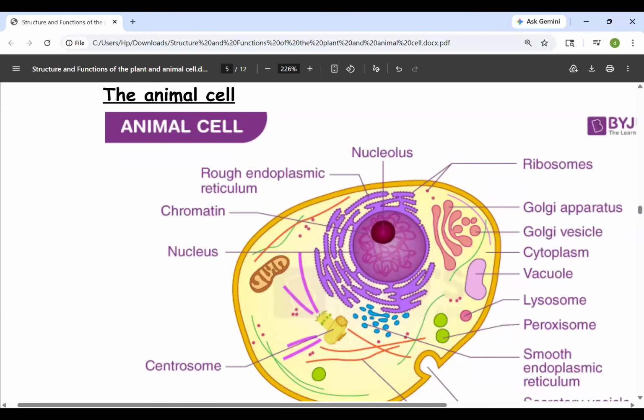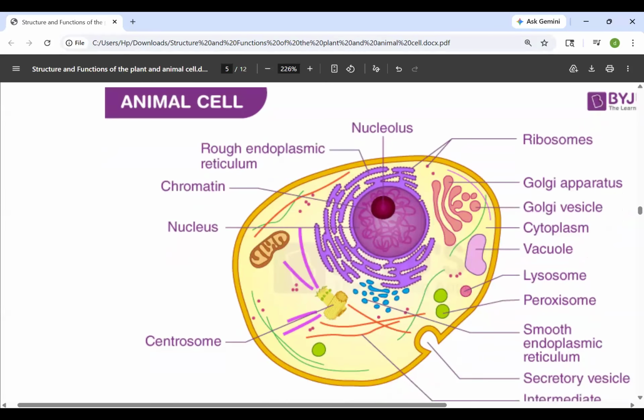That is the animal cell. Regarding the animal cell, in this picture, now you are a little bit familiar with the words. Here also they ask the nucleus, the nucleolus, RER, rough endoplasmic reticulum, and chromatin. Chromatin, did you hear in that video footage, those thread-like structures inside the nucleus?